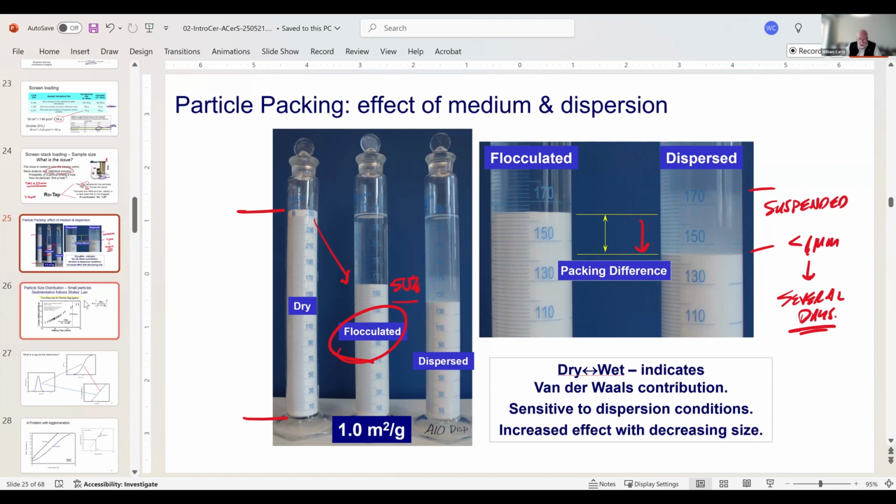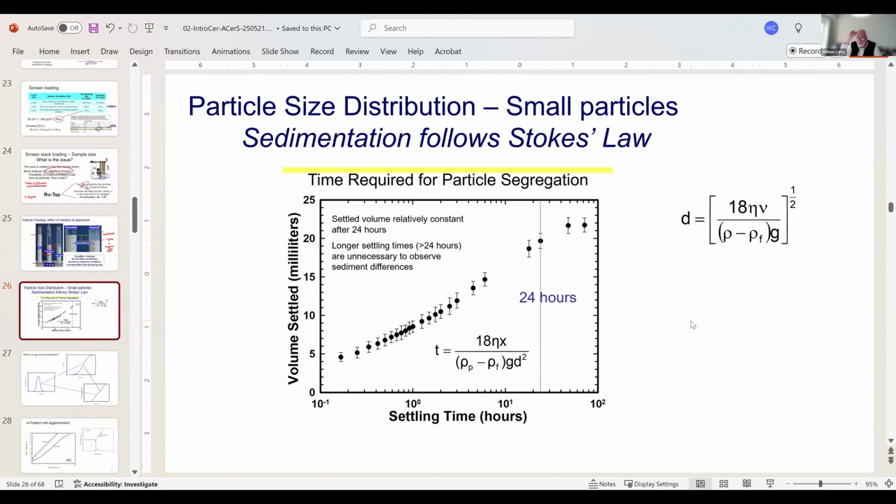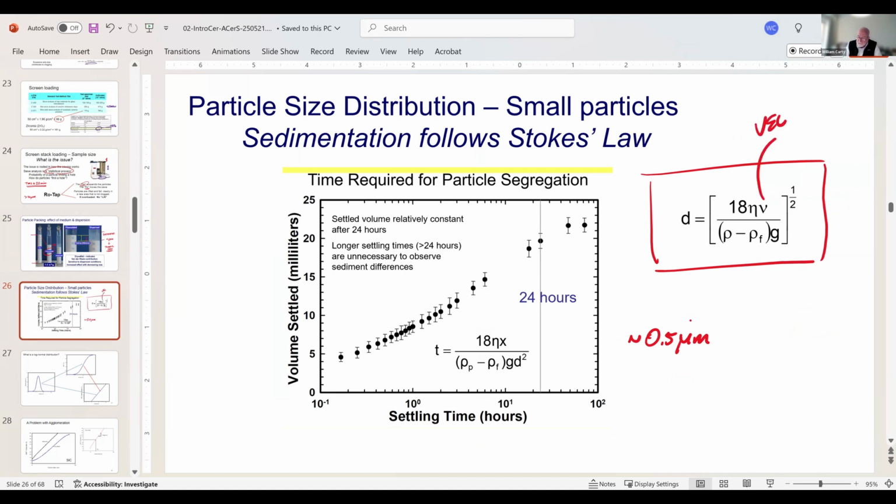If I take just a typical suspension and I put it in water and look at the settling time, the powder is not particularly important, but this is a clay, so it's typically about 0.5 microns. This is the Stokes sedimentation equation, and here I have a velocity term, and that is distance x divided by time.